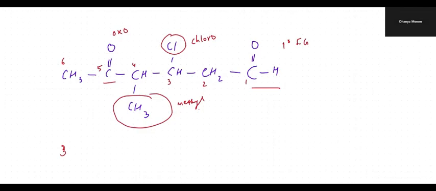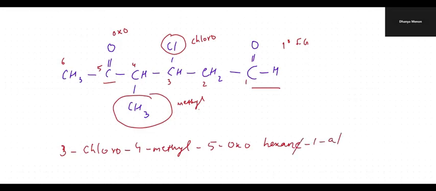So at the third position, I have chloro. We are naming according to the alphabetical order. So 4-methyl, 5-oxo, 6 carbon atoms. So hexane, all single bonds. So hexan-1-al. So I'm removing this E because E and A coming here near each other. Okay, I hope I'm clear here.